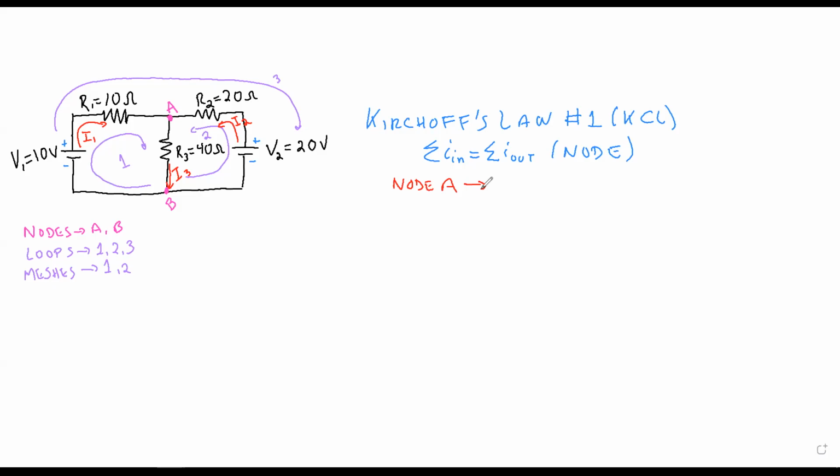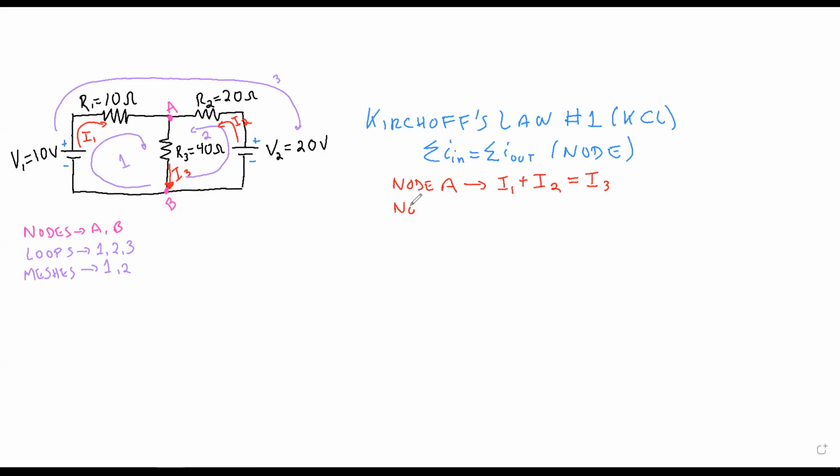So for node A, is I3 going literally out, or is it looping? No, I3 is just in this branch, just here. So I1 plus I2 is going to be equal to I3. Are we okay with that?